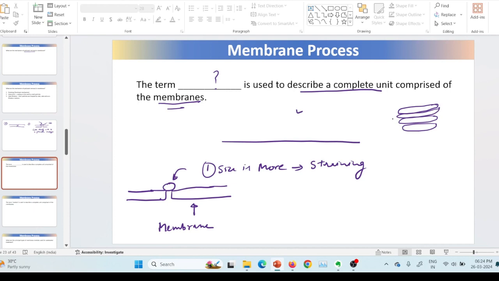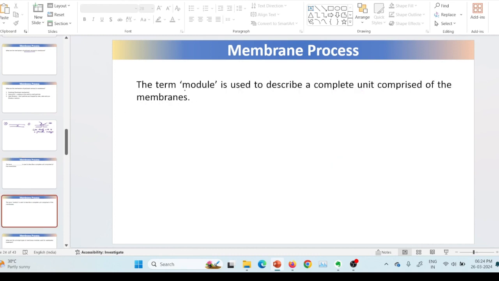So multiple membranes are packed into one unit, and these are called modules. The term module is used to describe the complete unit comprised of membranes.